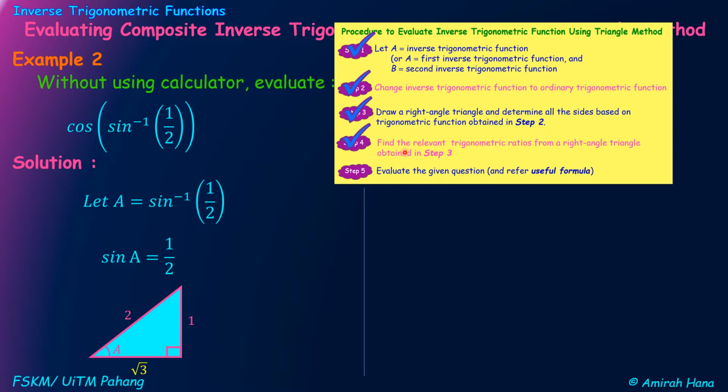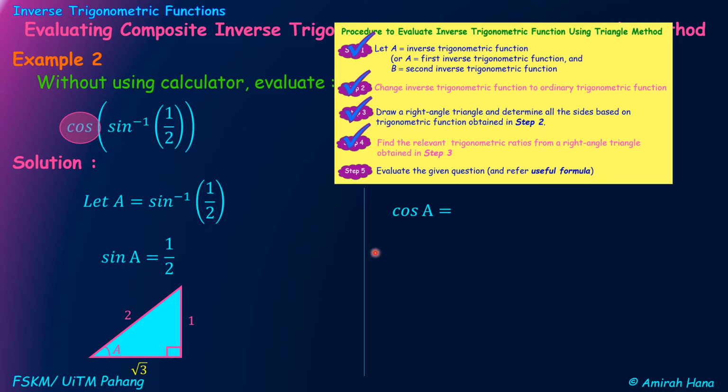What is relevant? From the given question, we have cos. We have done sine, so now we find cos A. This is our A.